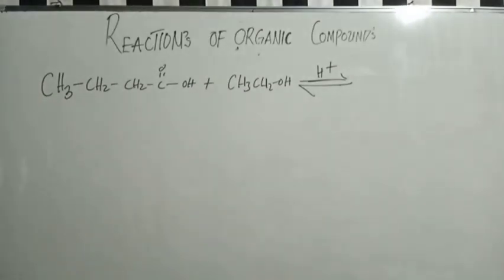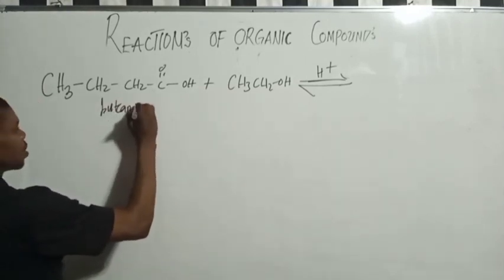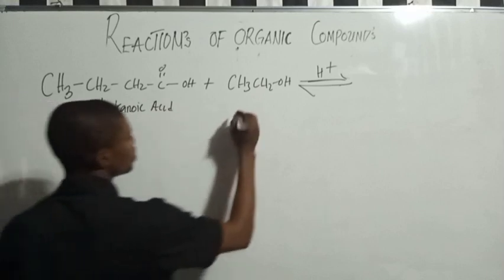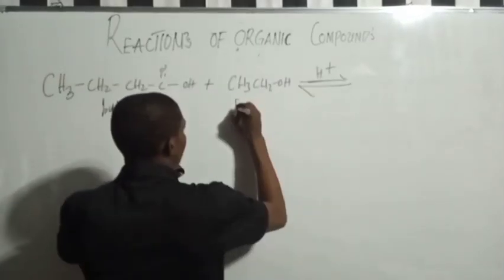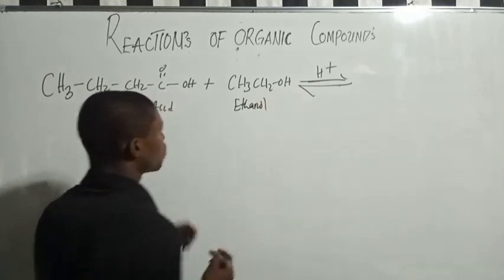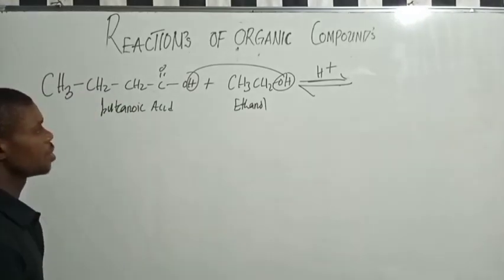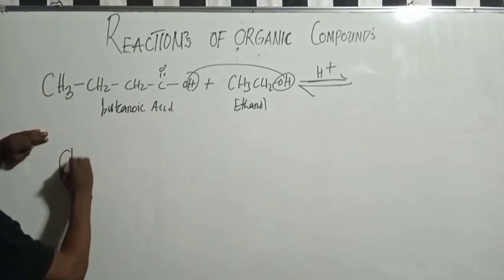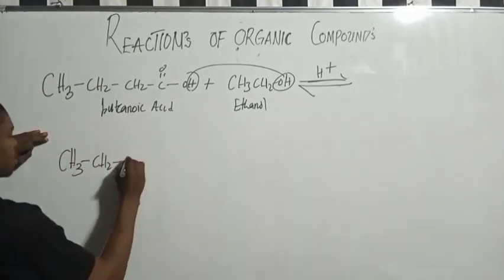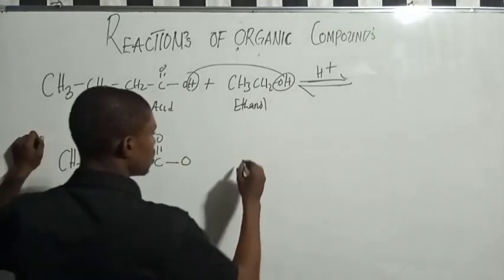Here we have 1, 2, 3, 4, butanoic acid, and here we have ethanol. So what happens here? The OH and then a hydrogen. When you remove them from here, here we have CH3, CH2, CH2, C.